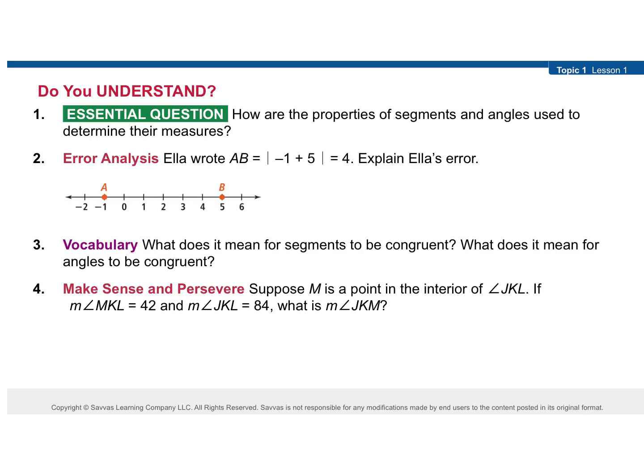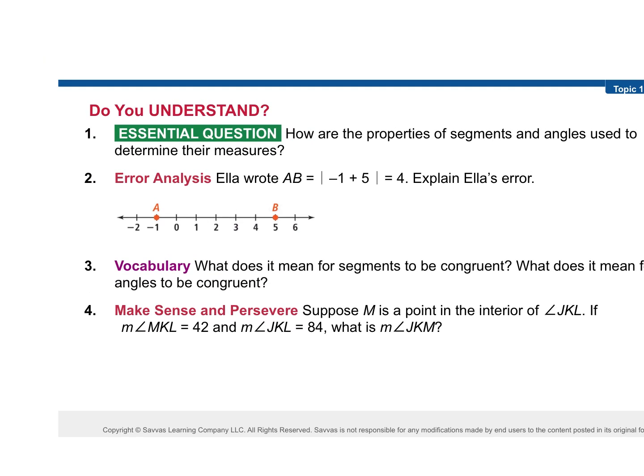And then let's look at the understand. How are properties and segments of angles used to determine their measures? Well, you have to compare them. You gotta use subtraction and addition and compare them. But make sure colored pencils are gonna come in really handy and write things down.